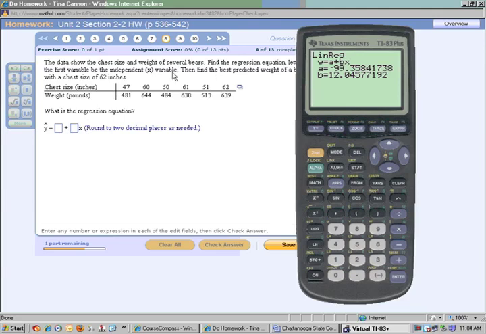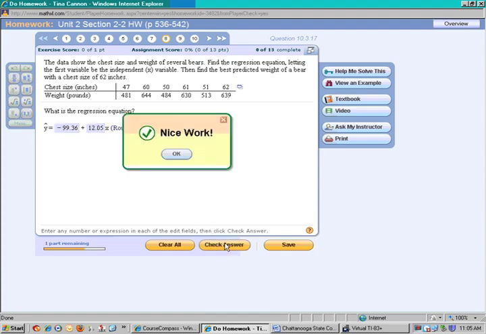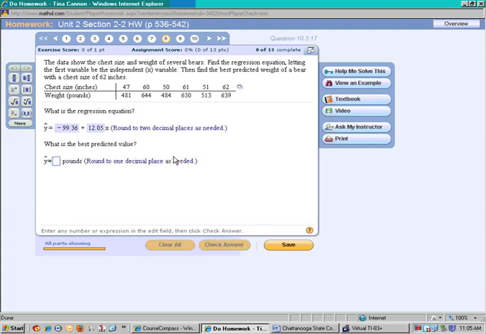So let's type in the values and see if this is correct. And the next one was 12.05, and we check our answer, and notice it tells us that we're correct.